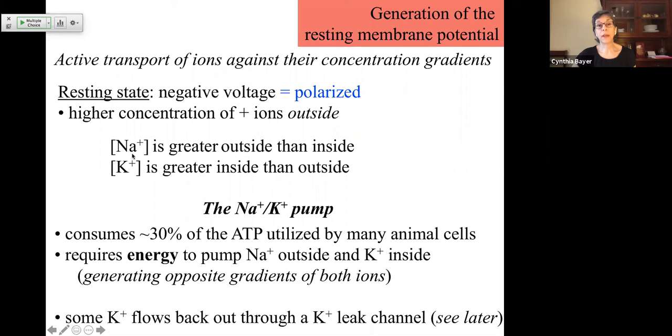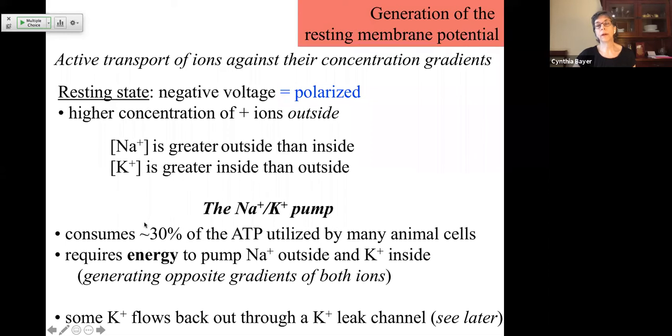What we're going to see is that a pump, a membrane carrier protein, can actively move sodium from the inside of the cell to the outside. And at the same time, it will move potassium ions from outside the cell to the inside. This is active transport.